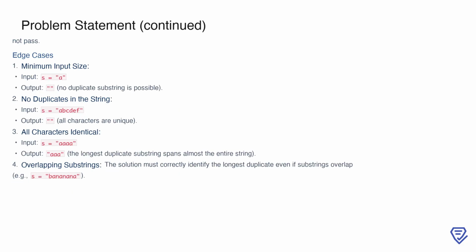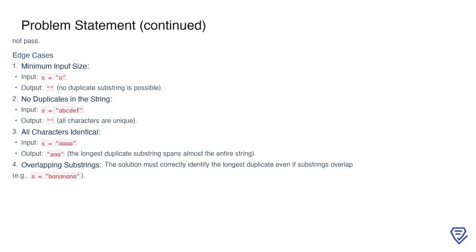There are several edge cases to consider in this problem. For example, when the input string has a length of 1, such as S equals A, no duplicate substrings are possible, so the output is an empty string. Similarly, if the string contains no repeating characters, like S equals ABCDEF, the output will also be an empty string.